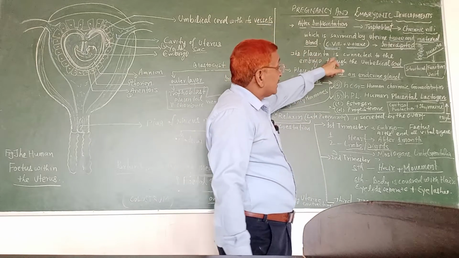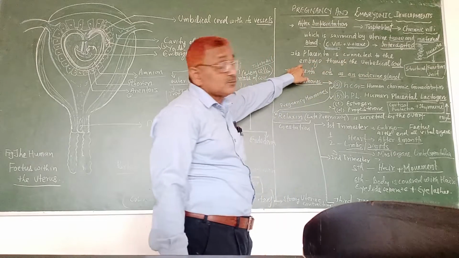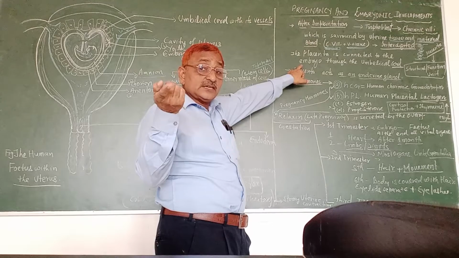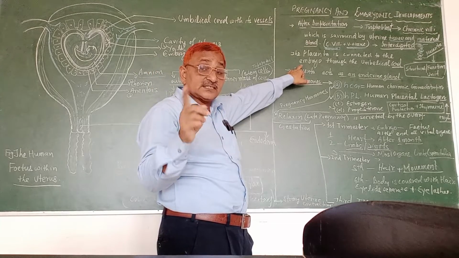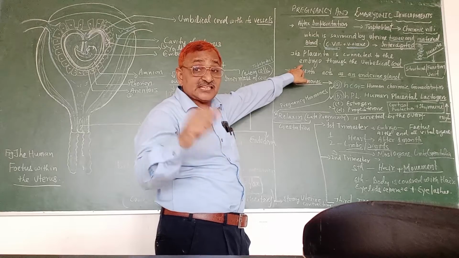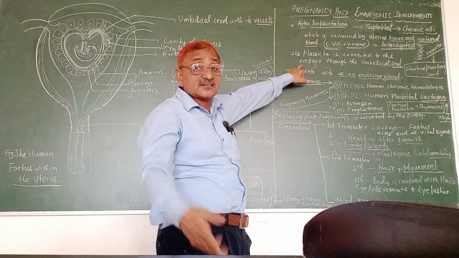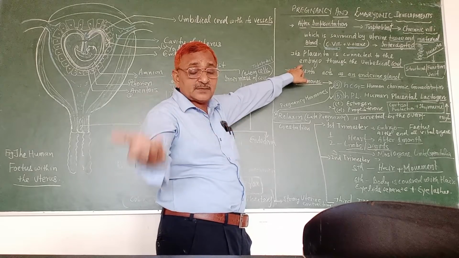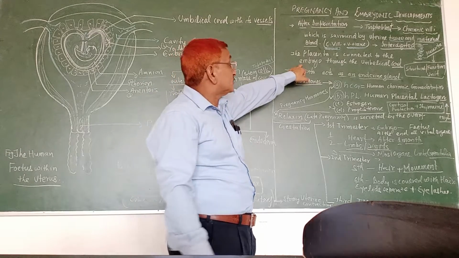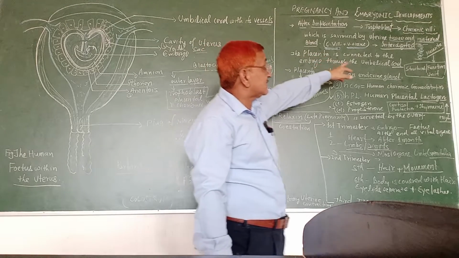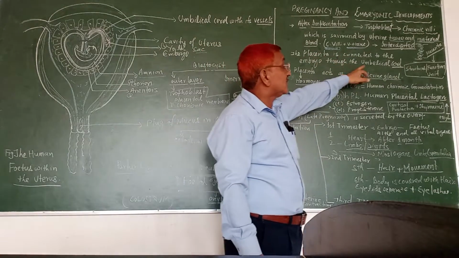The placenta is connected to the embryo through the umbilical cord. Sometimes students ask the question, what is the difference between placenta and umbilical cord? Which is really the conductor of materials from mother to baby? So in this way, the placenta is connected to the embryo through the umbilical cord.